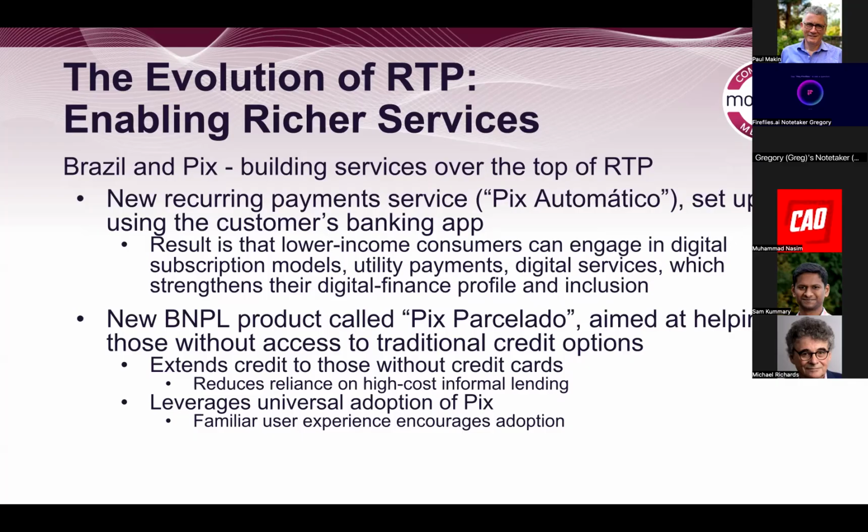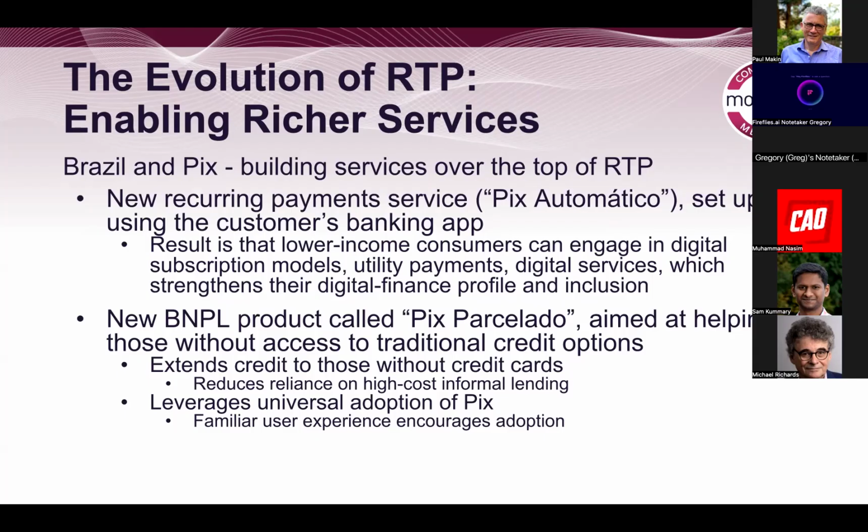So this allows them to carry out utility payments, digital subscription payments, and it strengthens their digital finance profile, and therefore medium long-term inclusion.